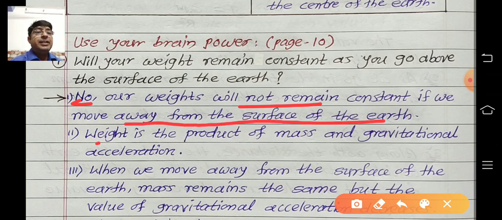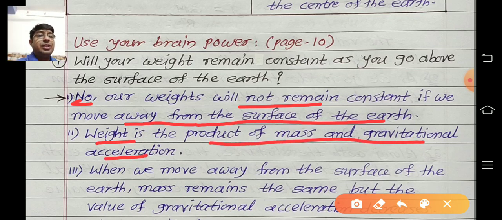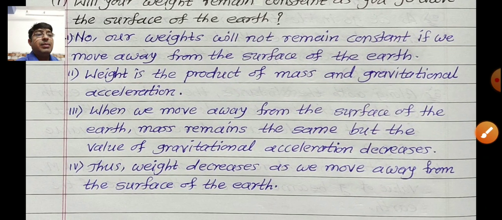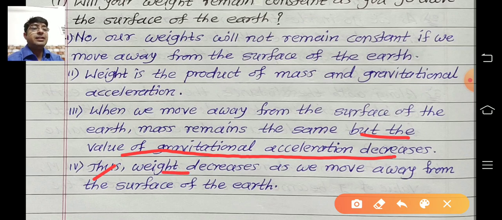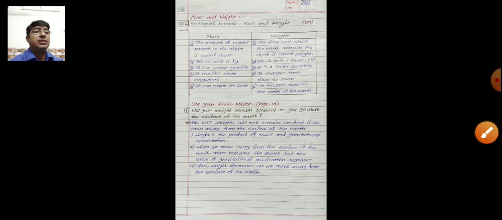Second point, weight means the product of mass and gravitational acceleration. When we move away from the surface of the earth, mass remains the same, but the value of gravitational acceleration decreases. We learned in the previous point, as height of the object increases from the earth's surface, value of g decreases. Thus weight decreases as we move away from the surface of the earth. That is the answer of that first question.